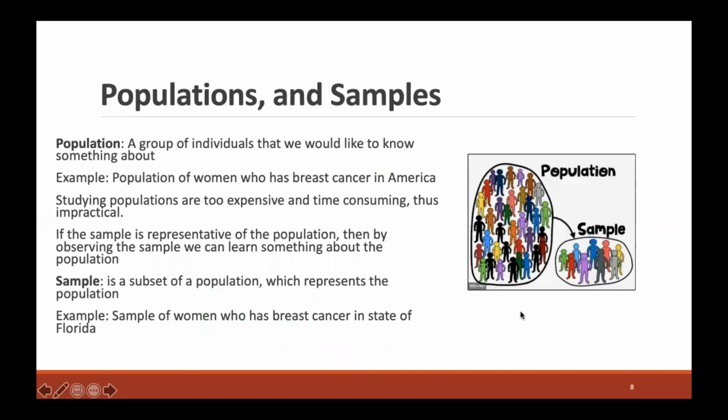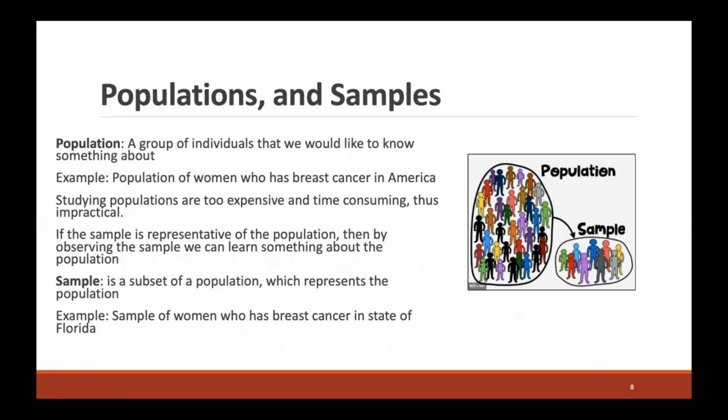So before we move on to the other advanced statistical methods, we need to make sure we know the terms of statistics well. First one is population, because we always analyze data for a sample, but we are focusing on the population.